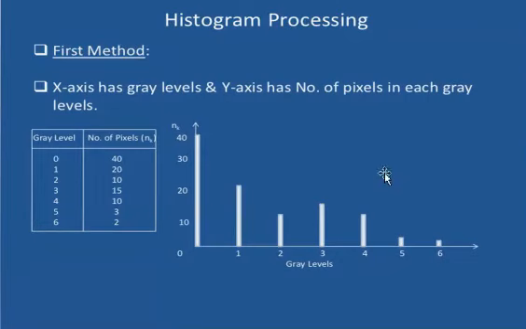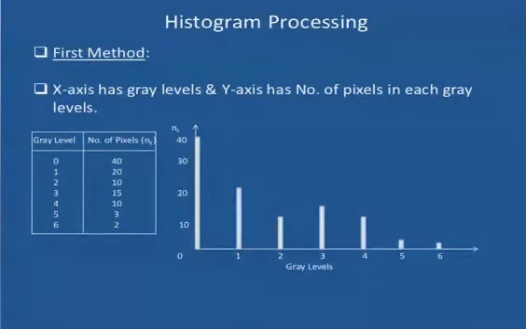That means from this graph, we can easily identify that 0th intensity pixels are very high. See this, 40. Among how many total pixels? What is the image size here?